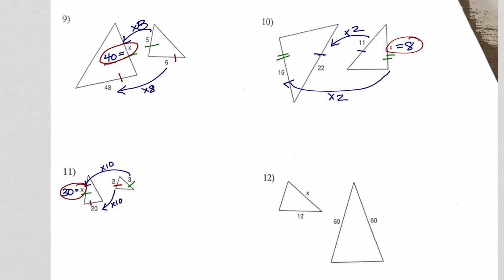Okay, looking at the next problem, it looks like 12 and x are corresponding to the two sides given in the other similar triangle. So 12 is going to correspond with the 60, and x also corresponds with the 60. Well, this is pretty straightforward. Using our mental math, 12 times what equals 60?